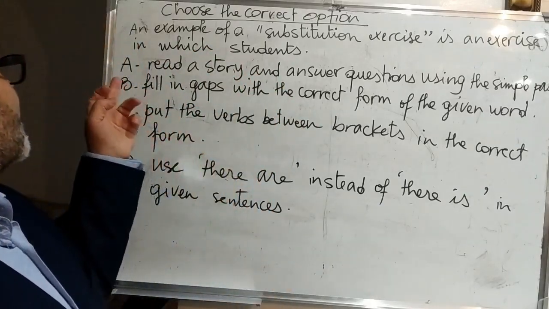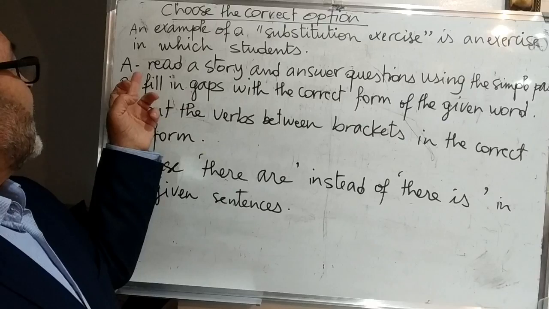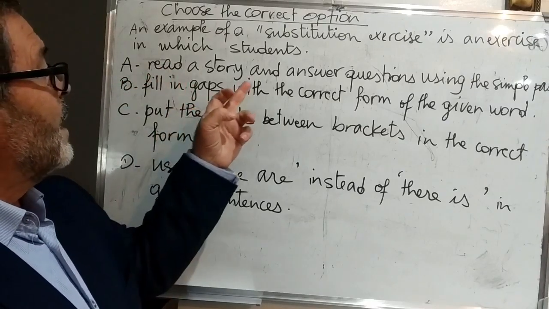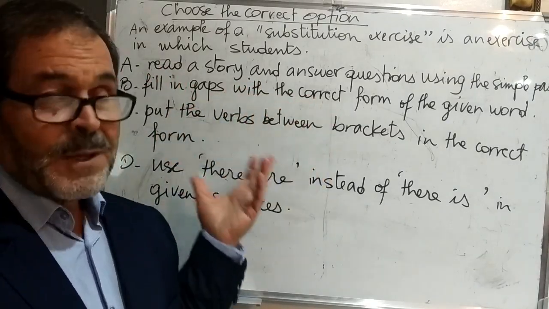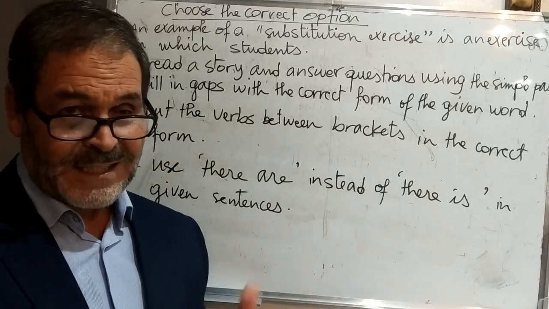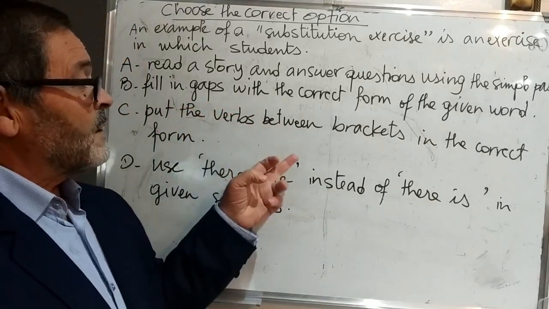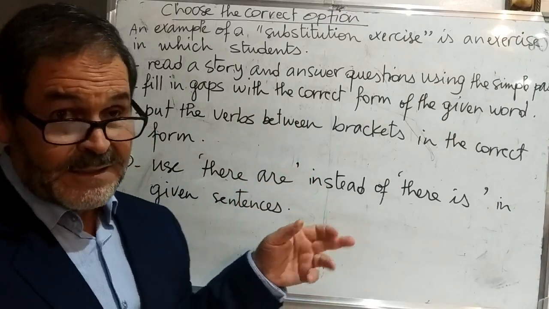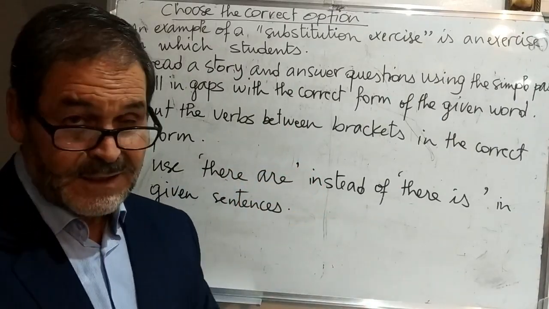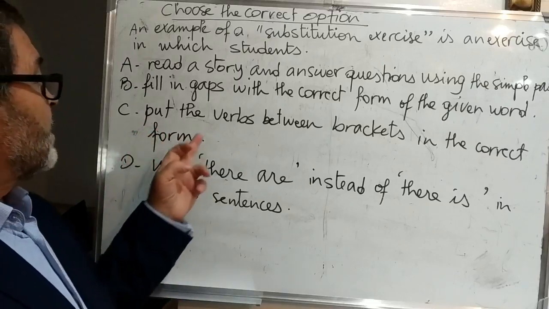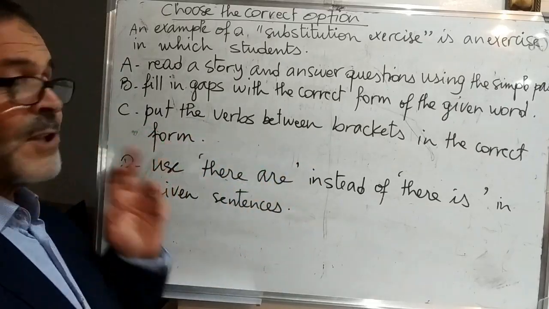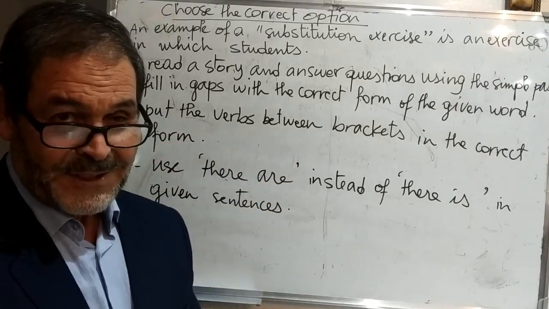So let's see. Now, A, read a story and answer questions using the simple past. It has nothing to do with a substitution exercise here. Filling gaps with the correct form of the given word is an exercise given in grammar, okay? Put the verbs between brackets in the correct form, no, it's not correct.